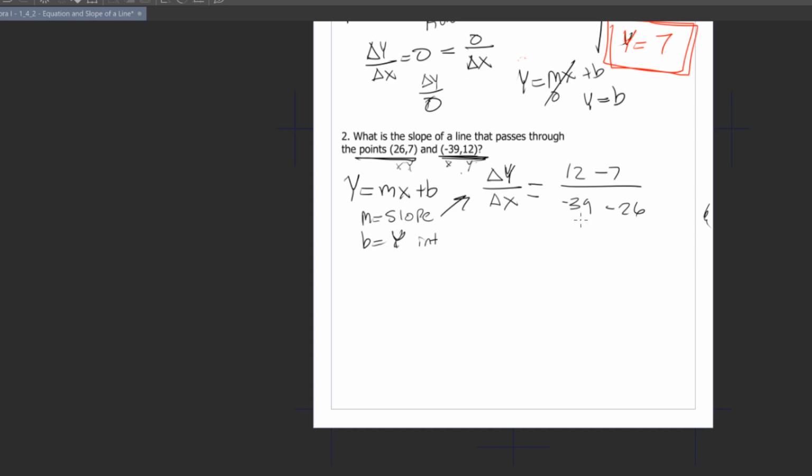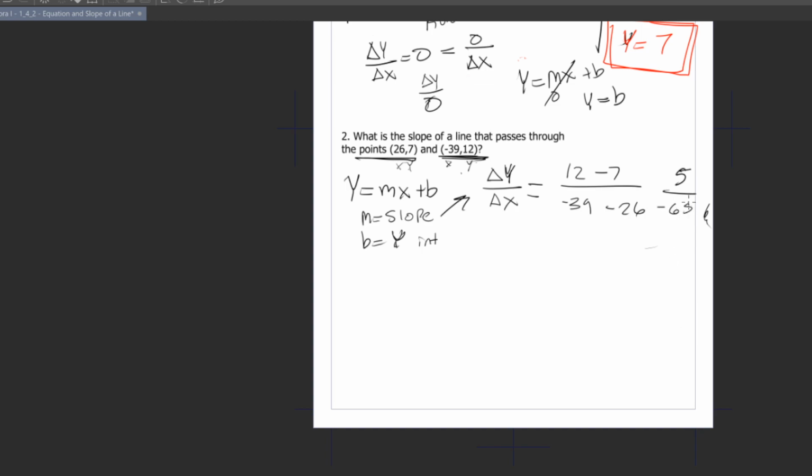Putting that into the calculator, 12 minus 7 equals 5, and negative 39 minus 26 gives us negative 65.